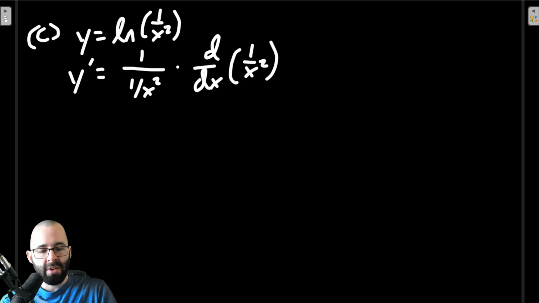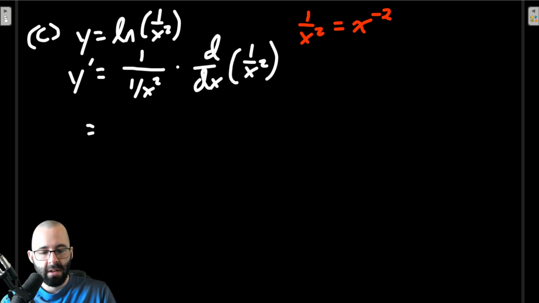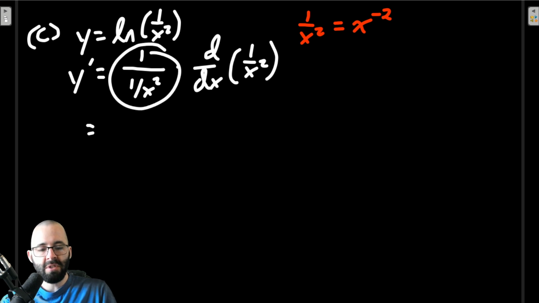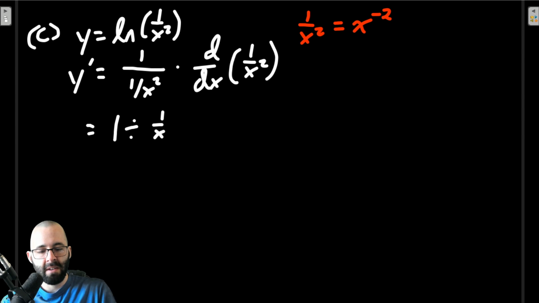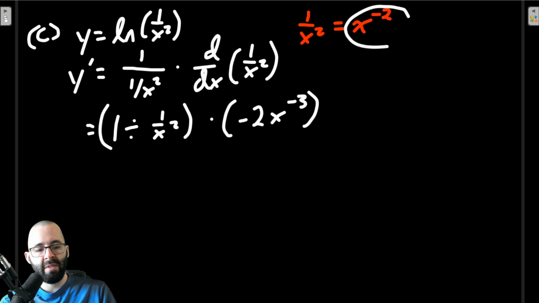And remember, 1 over x squared, that's x to the negative 2nd. We use the power rule for that derivative. This first fraction is the numerator divided by the denominator, times the derivative of x to the negative 2nd, power rule. Bring down the 2, subtract a power. The derivative of this thing right here is what we just wrote.